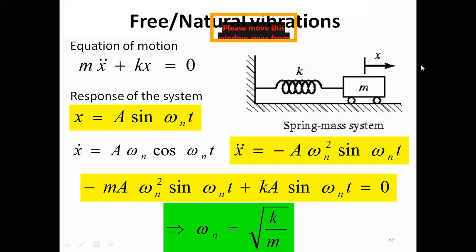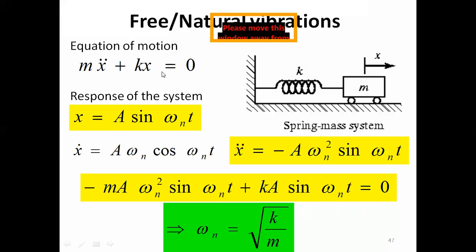So let's say we have a single degree of freedom system under natural or free vibration. Then the equation of motion of the system should be written as m x double dot plus k x is equal to 0.